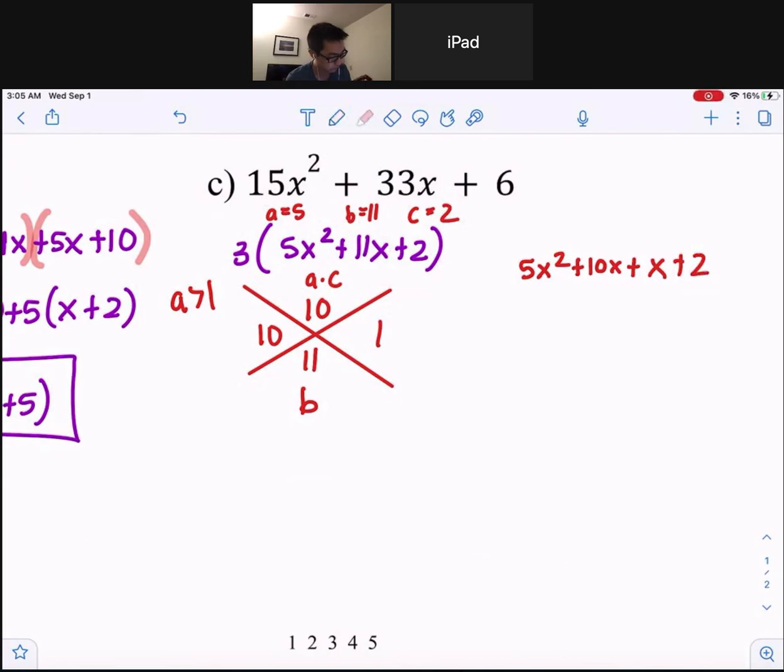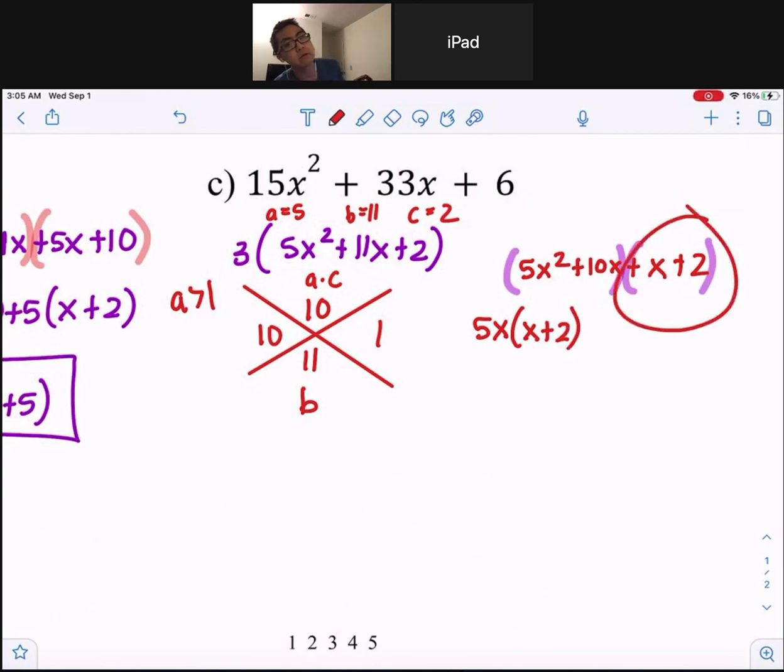Now, we're going to group these. The GCF, the greatest common factor you can factor out from 5x squared plus 10x, you guys, is 5x. X plus 2. Now, for that one, you guys, there is no number that divides into 1 and 2, and there is no x you can factor out.